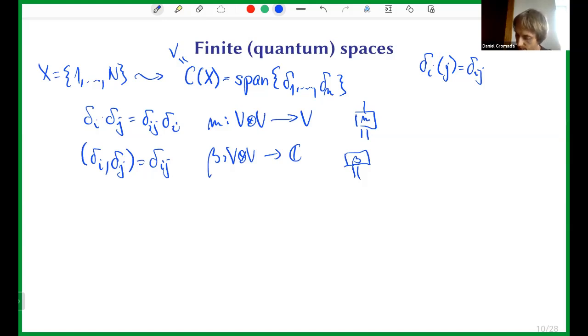And my question is now, what I tried to explain earlier is that the quantum symmetries of this space are described by the category generated by the structure maps, by the multiplication and the bilinear form. And so what is this category? Well, at the beginning, it is not at all clear, right?